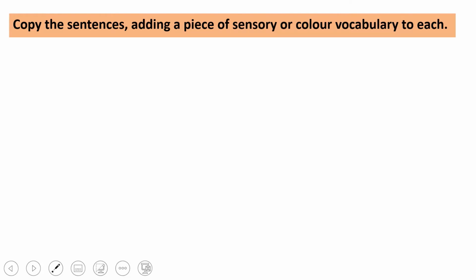Alternatively, you do have a sensory vocabulary table from the previous lesson, so you can always flick back to that if you would prefer. There are also some sentences on the sensory vocabulary lesson that you copied down and used, so it might be useful to refer back to those for some inspiration about how to use sensory vocab.